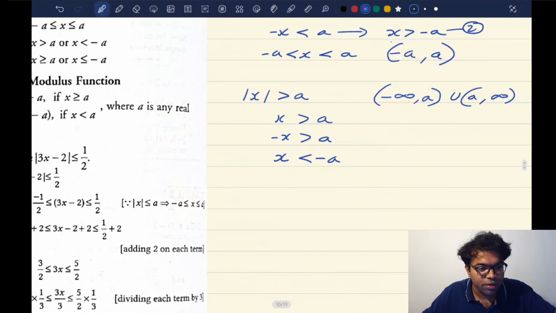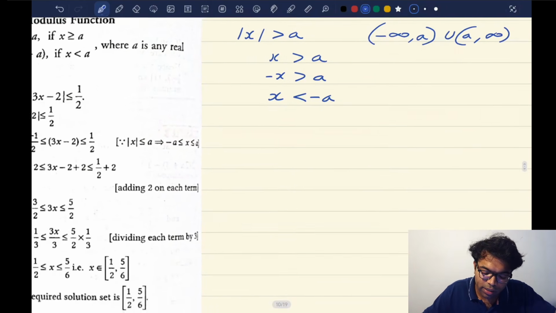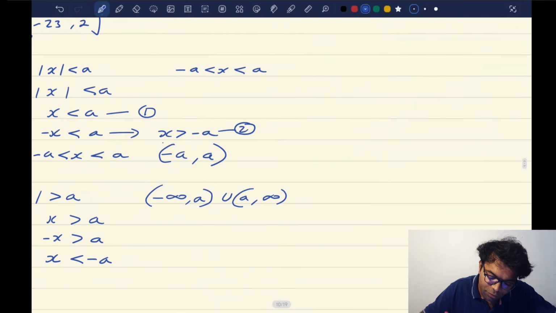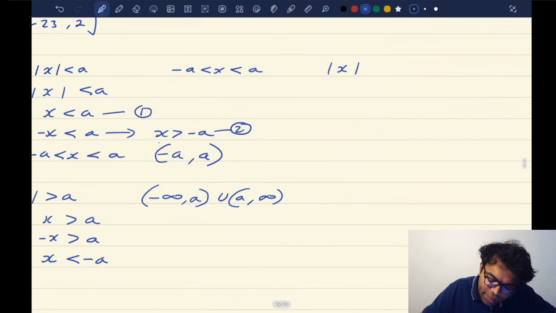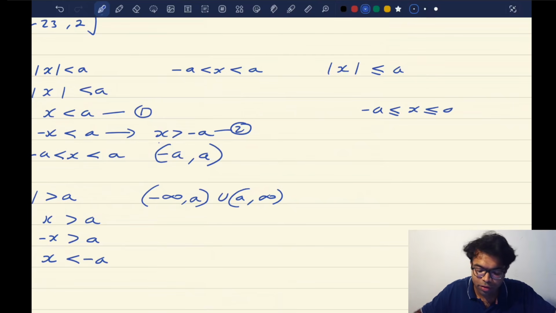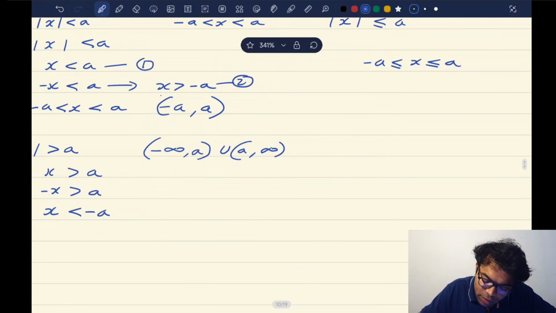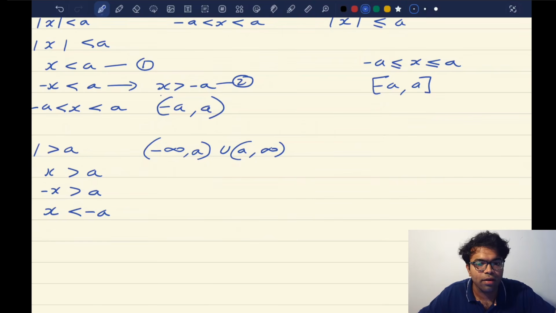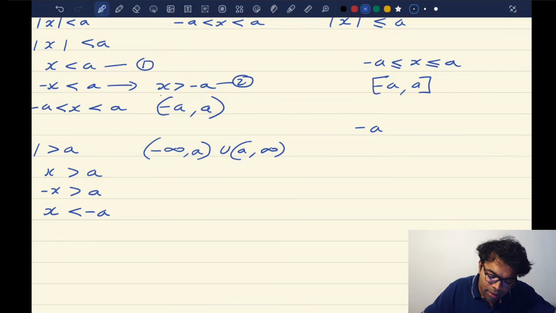Okay, understood? Now, if there is an equal to sign, what happens? For example, if you have modulus of x is less than or equal to a, then minus a is less than or equal to x is less than or equal to a. This will give you minus a to a, both of them close brackets.